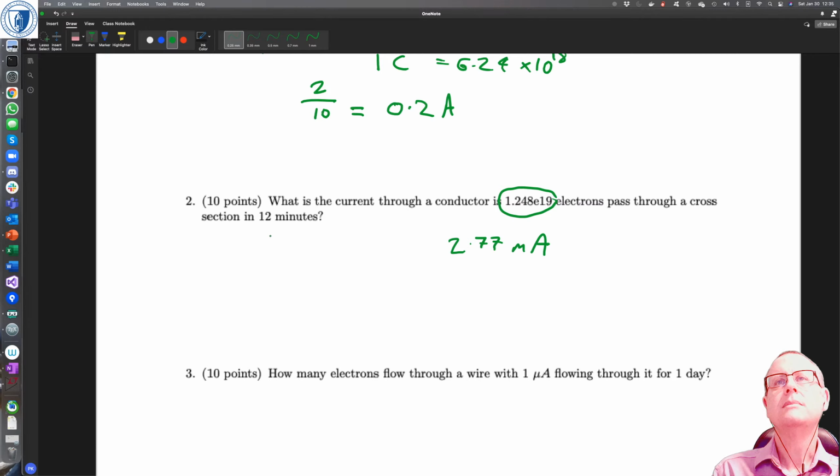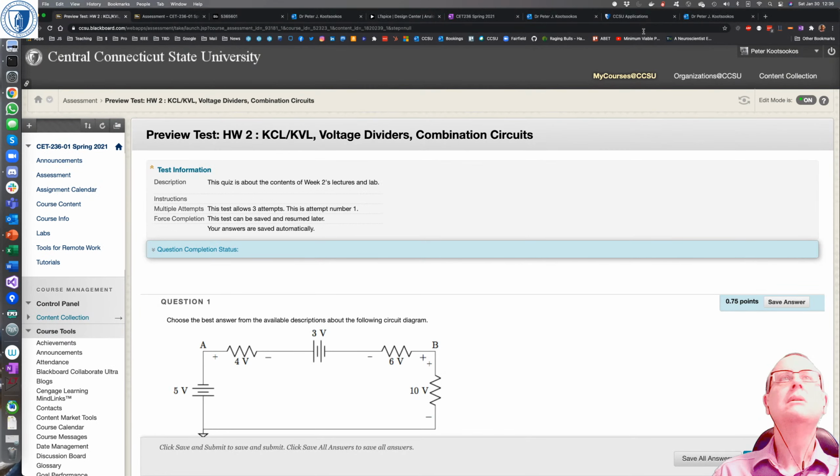I'd go with 2 coulombs, which is that number of electrons, and then 12 minutes into seconds, 12 minutes and then 60 seconds per minute. I can't do that in my head, so I'm going to go to Google.